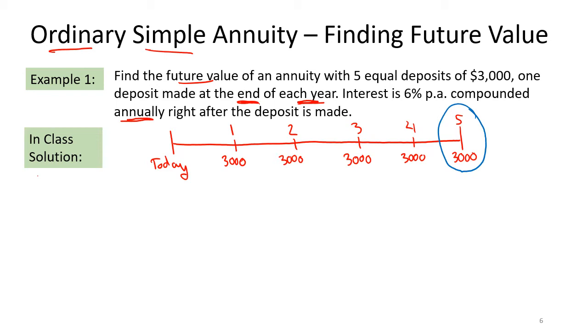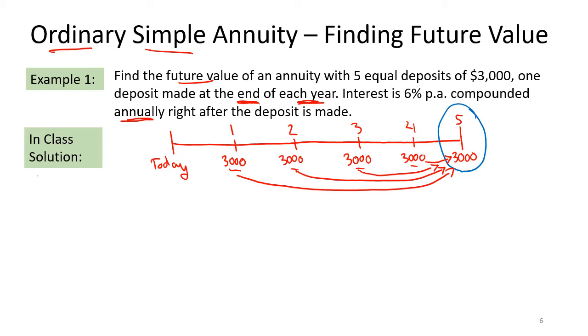And we know the present value of each of these deposits at their specific period in time. So we should be able to just find the future value of each of these payments, just like we did in previous lessons, to give us the answer.